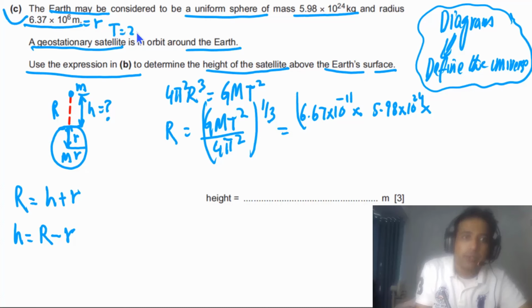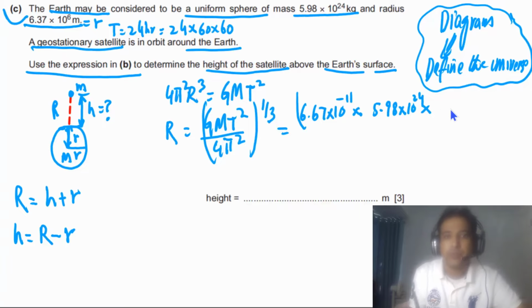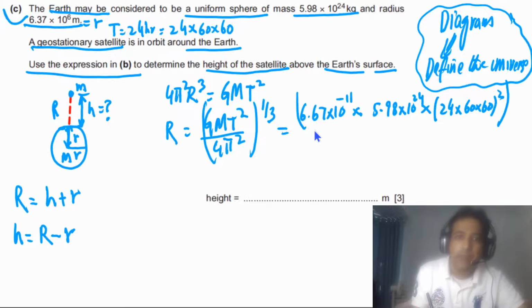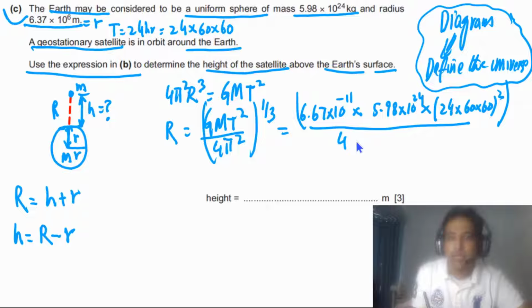Time period of a geostationary satellite is equal to 24 hours. So we can say 24, and 1 hour is 60 minutes and 60 seconds. So this will be 24 times 60 times 60, square of this, divided by 4 pi square. 4 pi square is a constant.